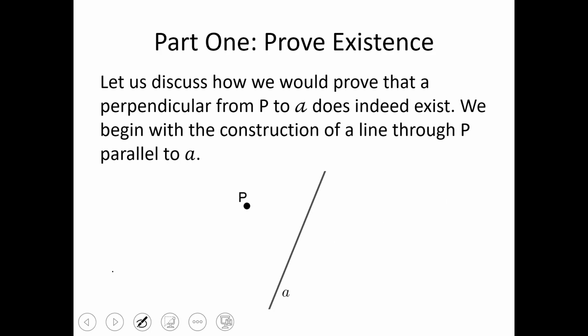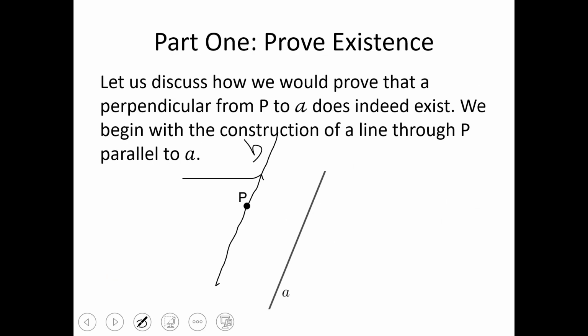So to prove existence, we'll do this. We do have an allowed construction in a situation like this that we've already proven is already in our system. We already know that if we have a point P, not on a line A, then we may, through that point, construct a line that is parallel to A. So we can construct the parallel, and we know it's unique, but we don't even need to know that here.